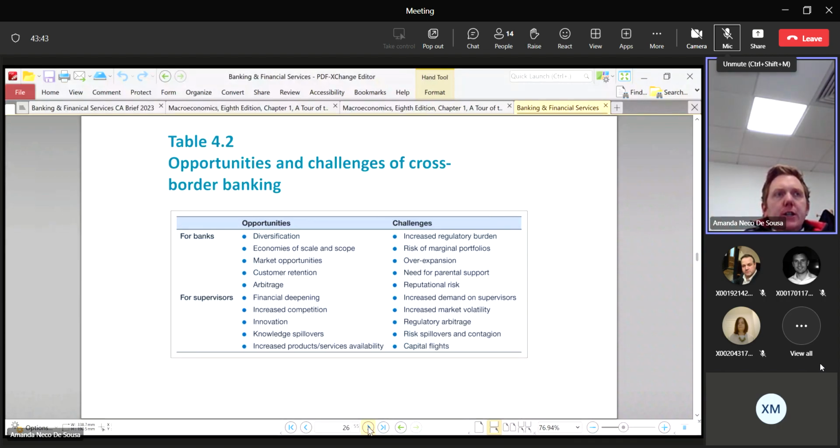Customer retention: if you're doing the work for Coca-Cola in one market, you have more of a chance of winning it in another market if you follow them. In terms of market opportunities, you could think, for instance, of a Portuguese bank moving into Brazil. They both have the same language, therefore you're going to have an edge versus maybe a North American bank going into that market.